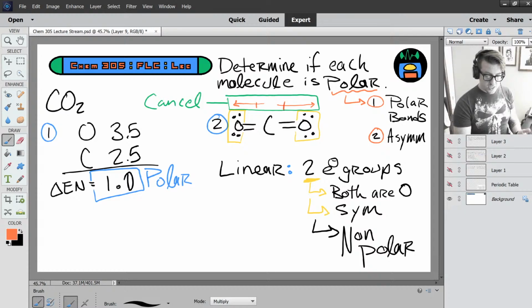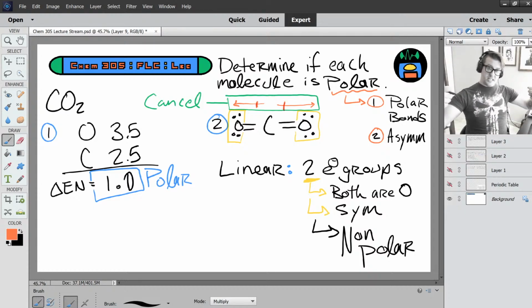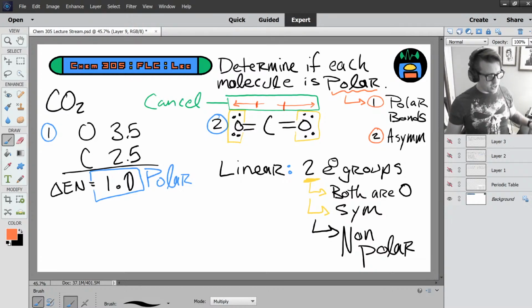So the one oxygen is trying to tug the electrons down closer to it. The other oxygen's pulling in the opposite direction, and it's like watching a tug-of-war match where the 2 people who are pulling on the rope have the same strength. Nothing's going to move, nothing's going to change. They cancel. Anytime you have the same group at every position around your central atom, you're going to be nonpolar, even if your bonds are polar.